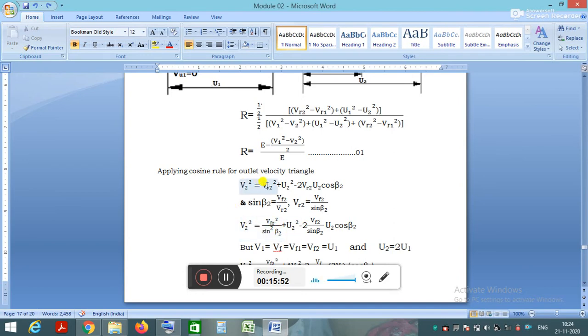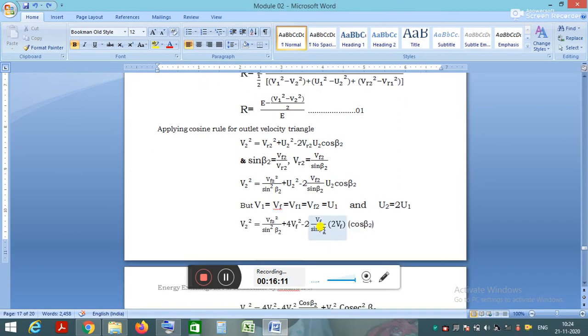V2 square equals Vf2 square by sin square beta 2 plus U2 square minus 2 into Vf2 by sin beta 2 into U2 into cos beta 2. But what is cos beta 2 by sin beta 2? It is cot beta 2.